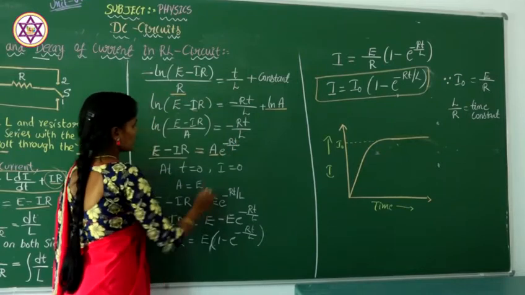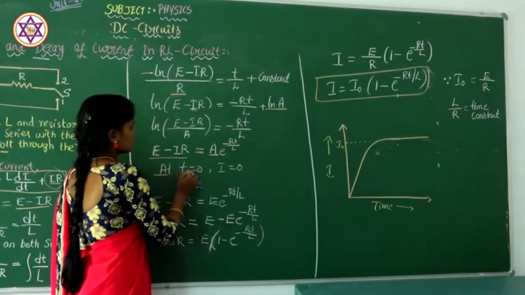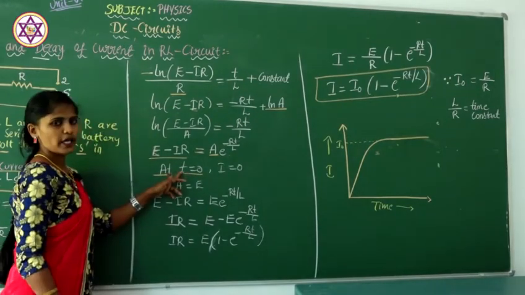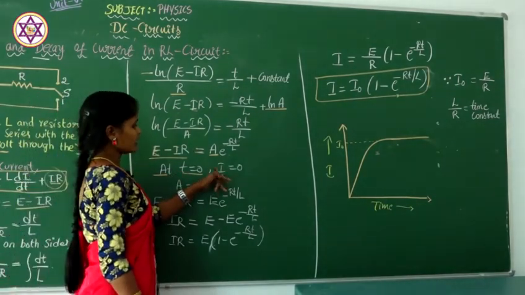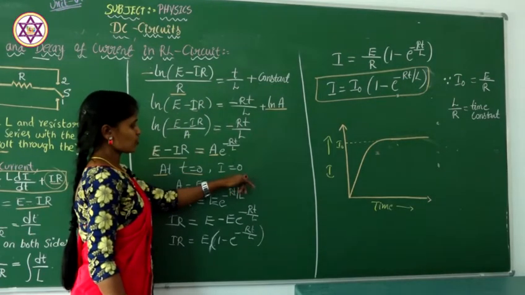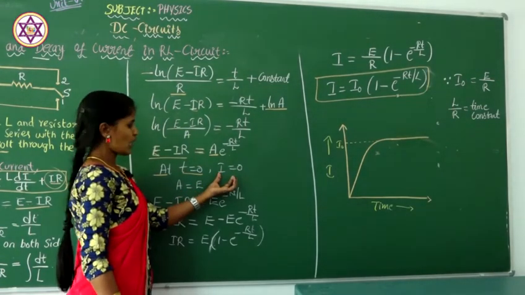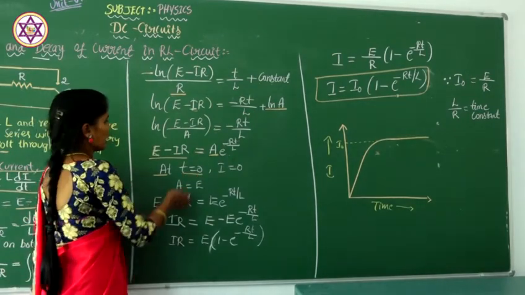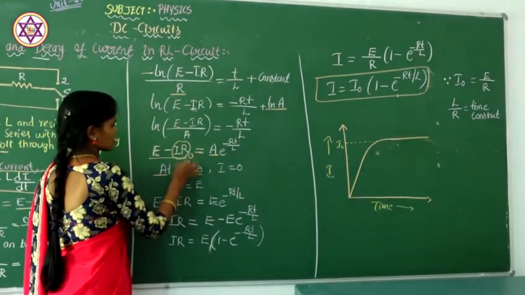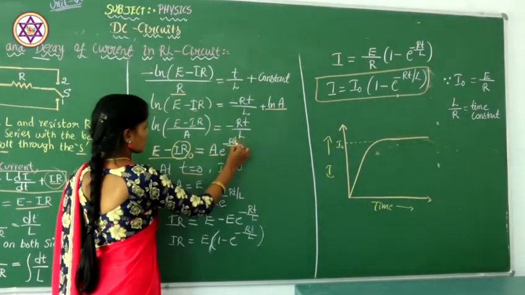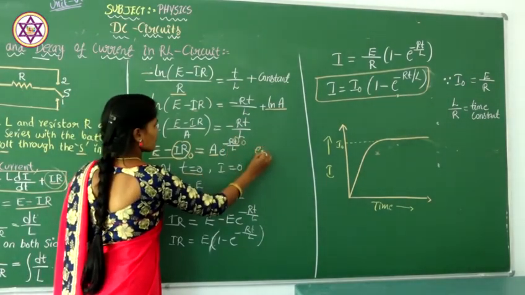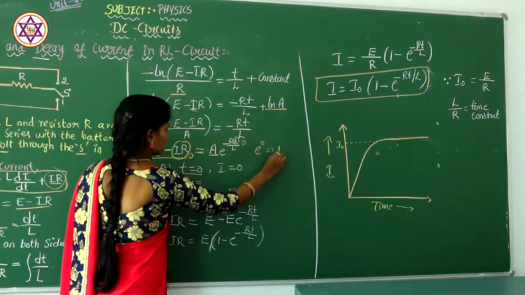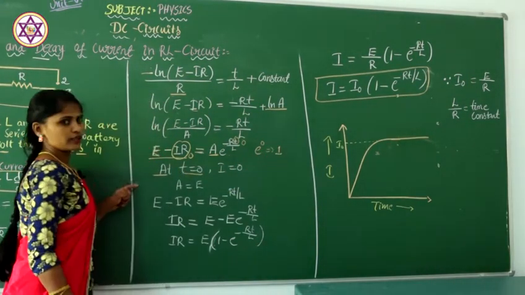So, here let us consider at t equal to 0, the time should be 0 and the current I should be 0. I means current, t means time. So e power 0 is nothing but 1.